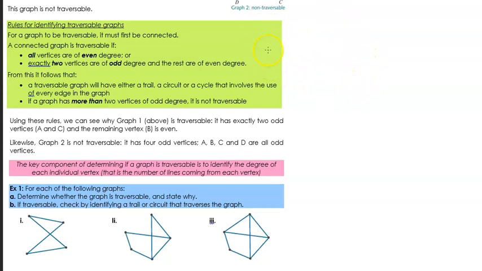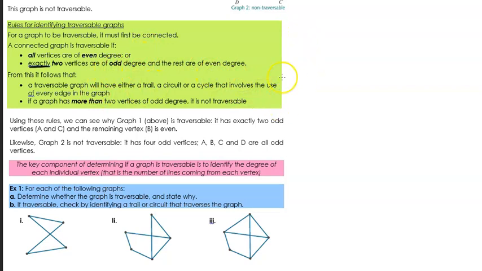If you get every single one even, then the graph is traversable. You can do a trail of some sort where you visit every single edge. The other circumstance is where exactly two vertices, not one or more than two, are of odd degree, and the rest are even degrees.